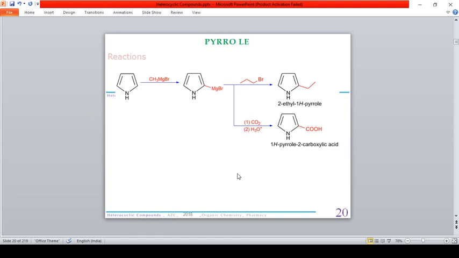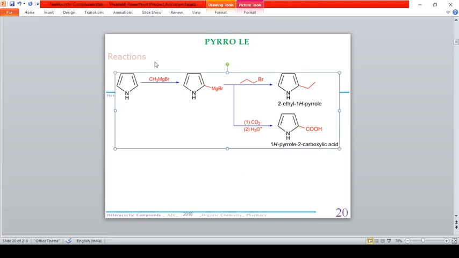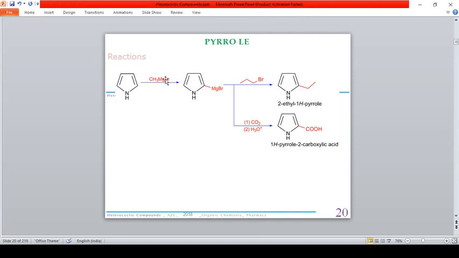Now comes the reaction with CH3MgBr. What is this? This is an organometallic. Alright, what is happening here? MgBr will attach on this carbon 2.